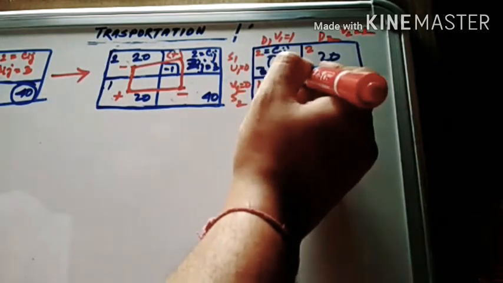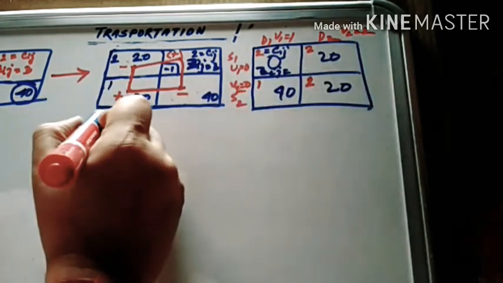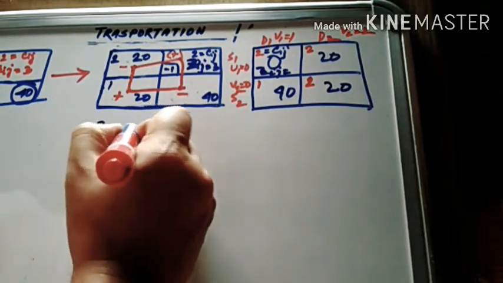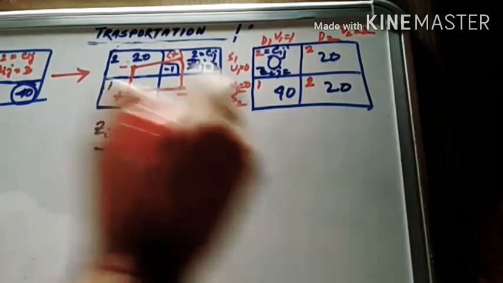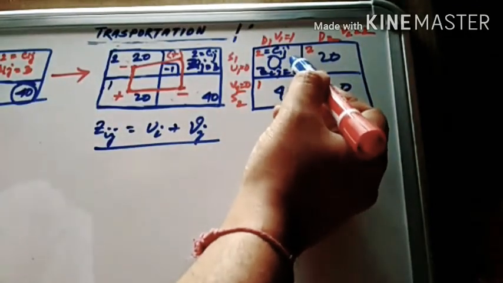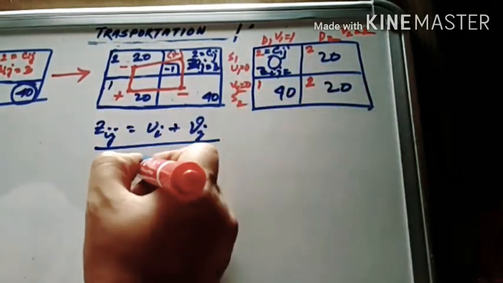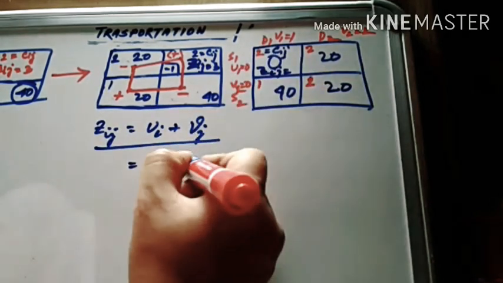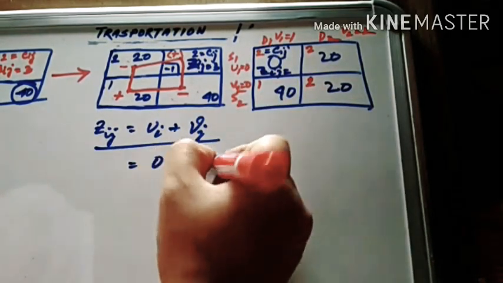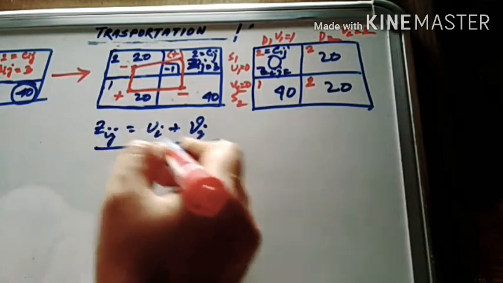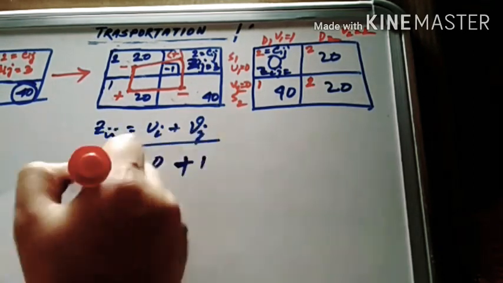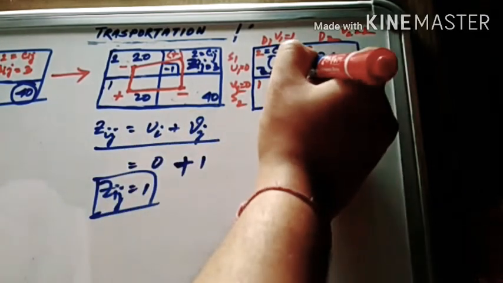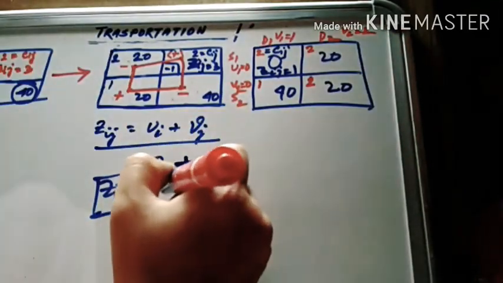We know already Zij is the summation of Ui plus Vj. For this particular cell, Ui is 0 and Vj is 1. So Zij gives you the value 1. So Zij is 1 over here, which is positive.